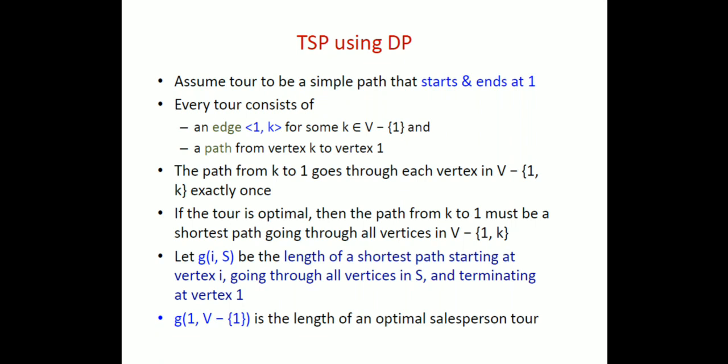Let g(i, S) be the length of a shortest path starting at vertex i, going through all the vertices in the set S, and terminating at vertex 1.